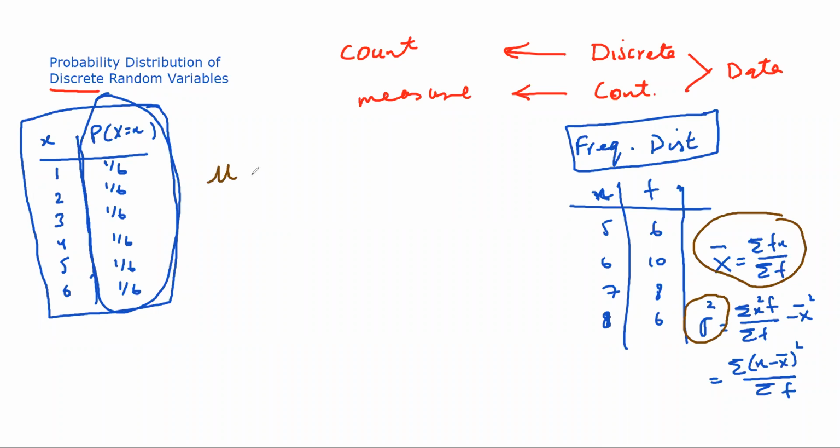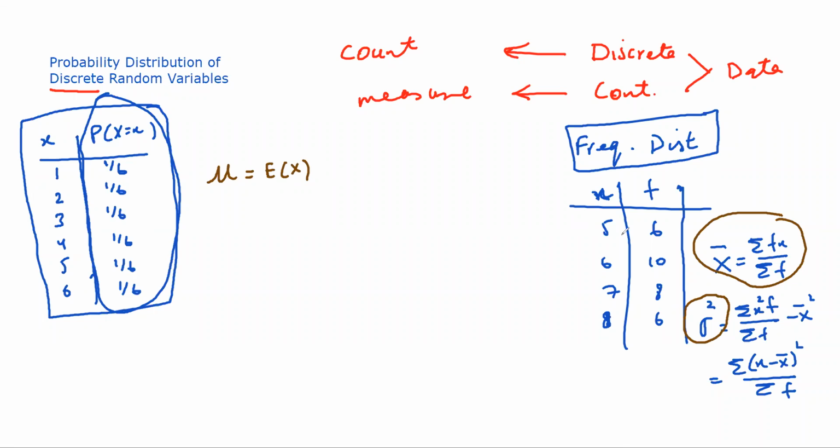Remember this mu? We have used this in mechanics as well. What was this used for in mechanics? Coefficient of friction. Exactly. It was used as the coefficient of friction. Here, this is going to be representing the expected value, the mean expectation.